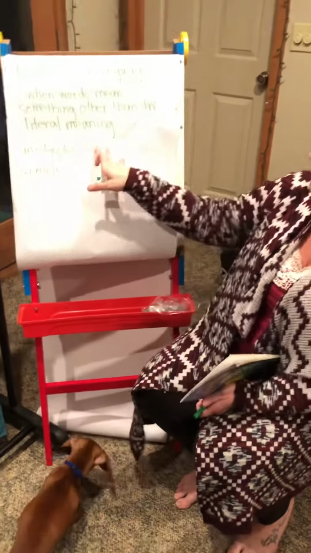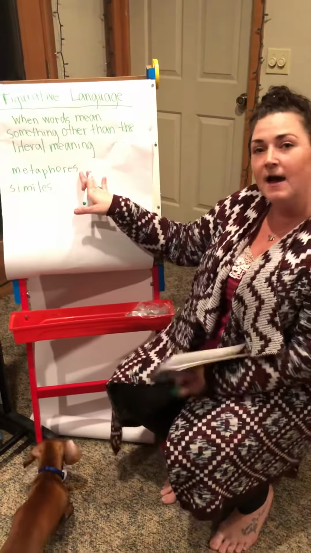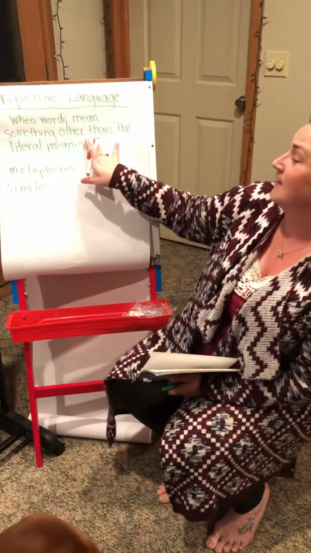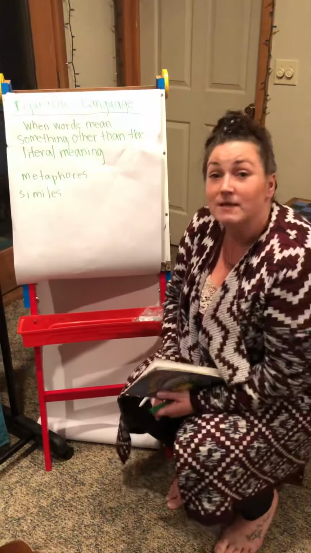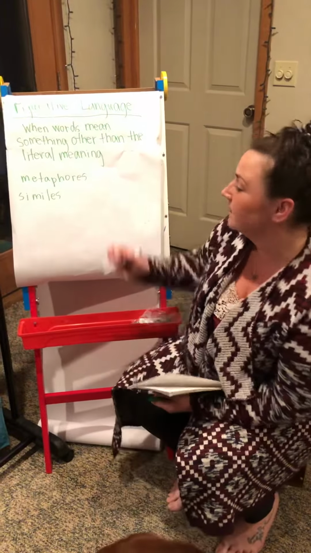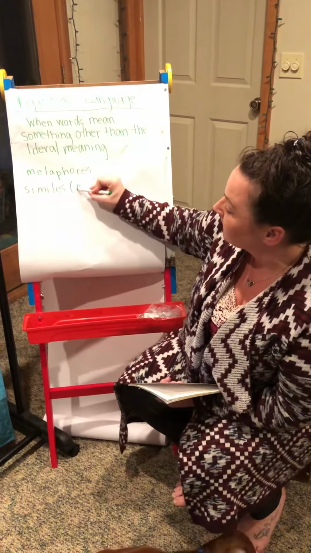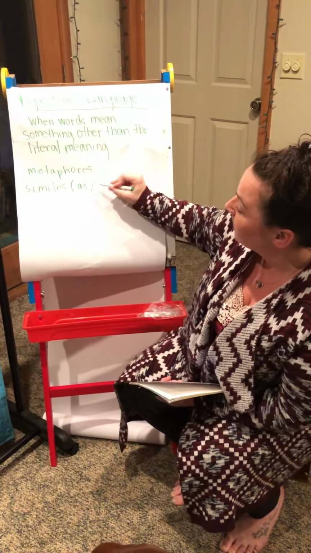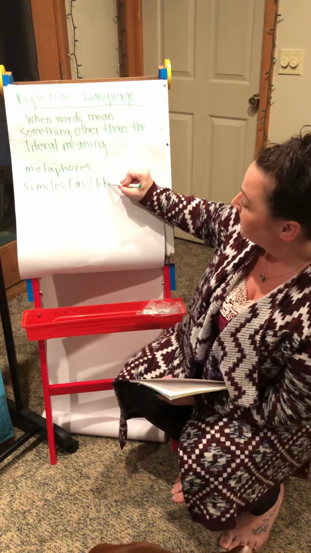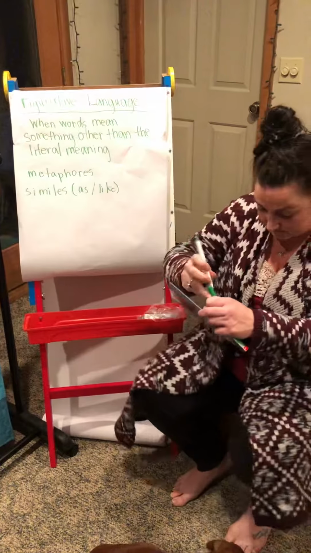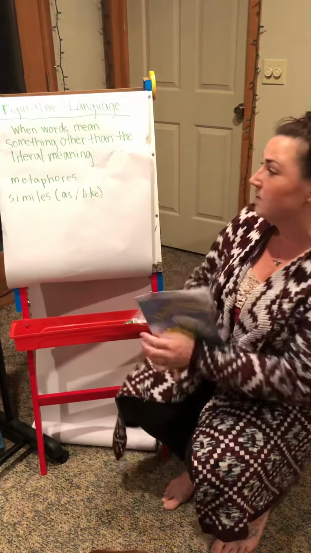A metaphor is when you compare something to something else that it really isn't. And a simile is when you compare something to something else, but you use these two words, as, or you use the word like.